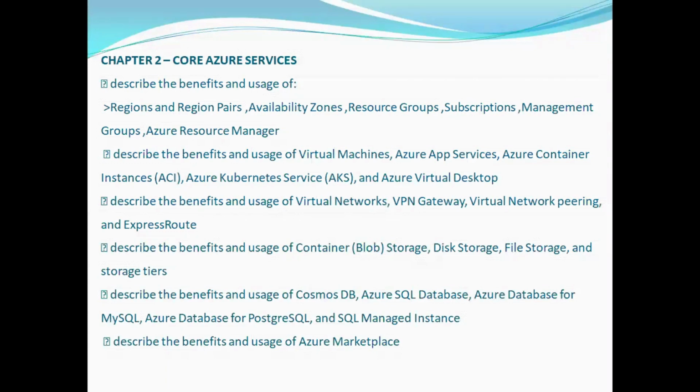So this chapter contains the concepts of regions, region pairs, availability zones, resource groups, subscriptions, management groups, Azure Resource Manager.